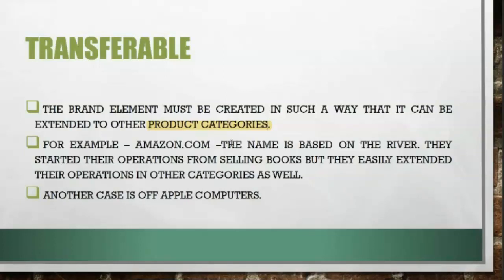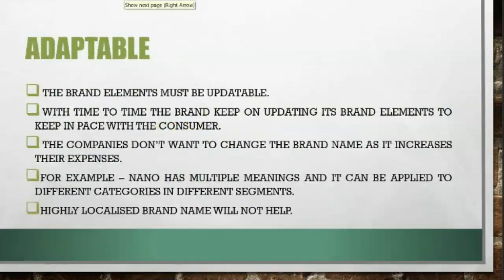The reason was they wanted Apple to make everything in technology. It can make iPods, it can make iPhones, it can make headphones, it can make computer devices also. Everything is possible. Today, they are making keyboards, they're making mouses, everything they're making. Why? Because their name is designed in such a way that it is transferable to other product categories also.